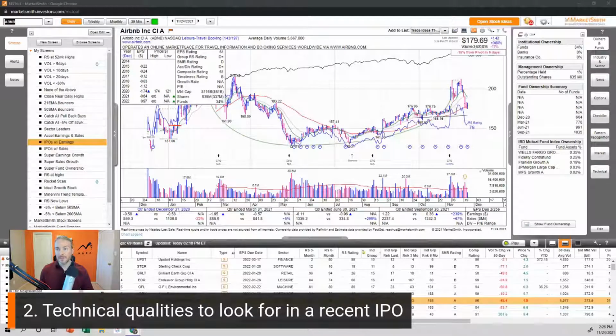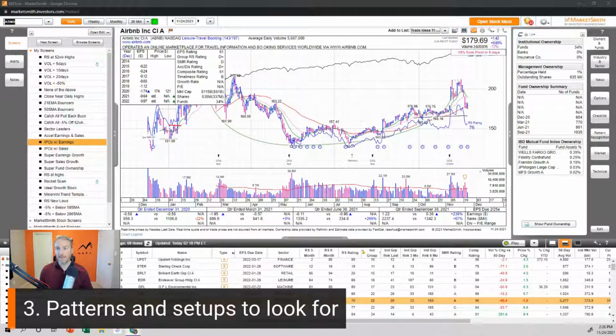So technical qualities to look for, patterns and setups to look for, we kind of put those two together in one. In the IPO, you're looking for an uptrend. You're waiting for a consolidation to occur, and then you're buying that consolidation.